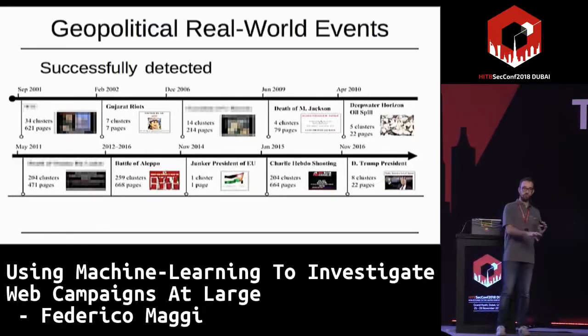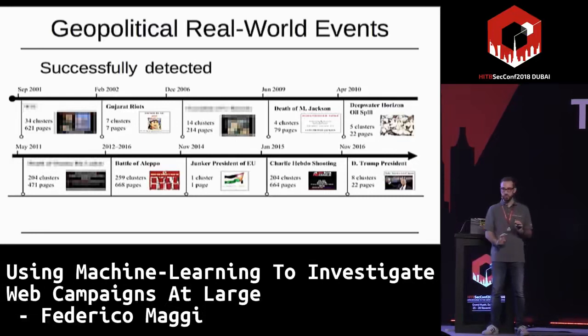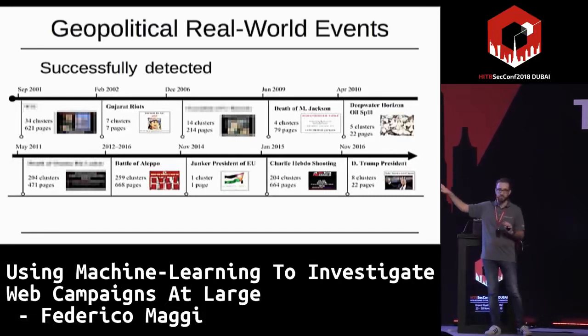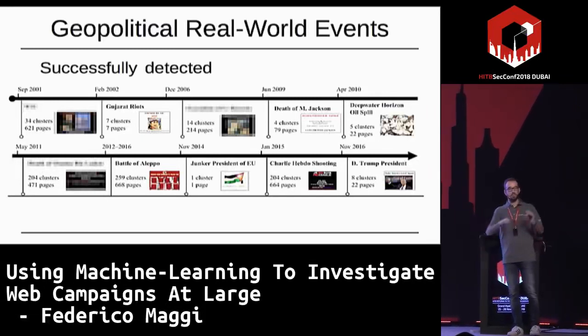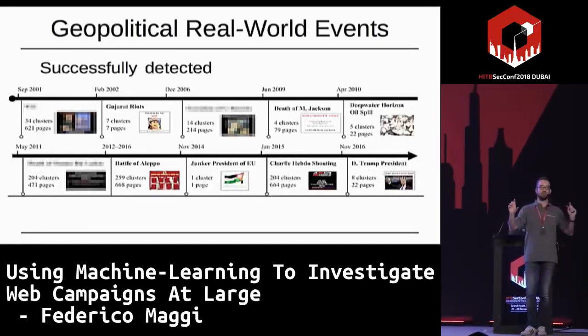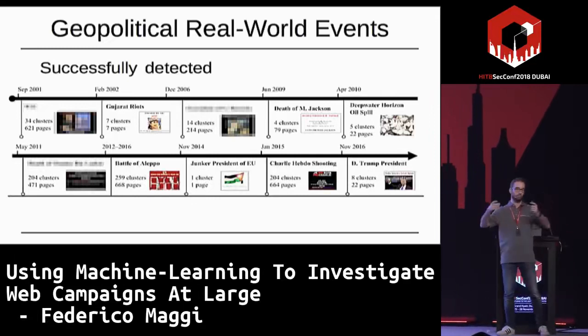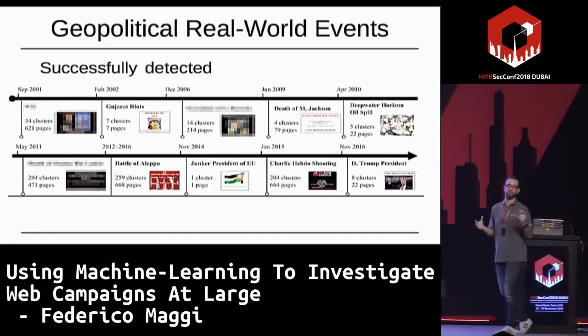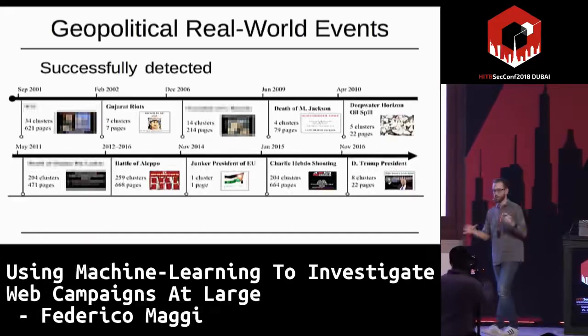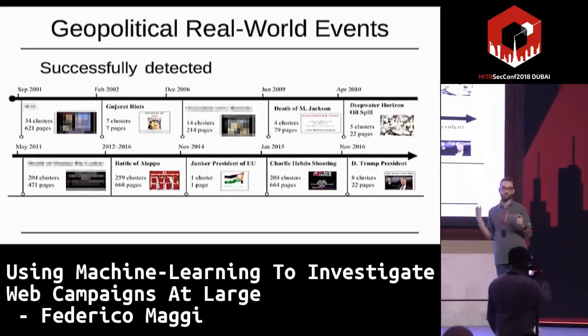From our tool, we found campaigns, represented by those significant screenshots. By looking at the timeline of these campaigns, and using Wikipedia's timeline of strong events that sort of shook the world, you could see a very interesting parallel.